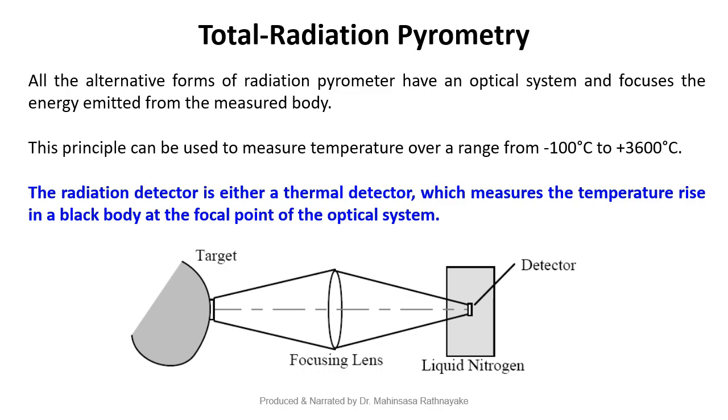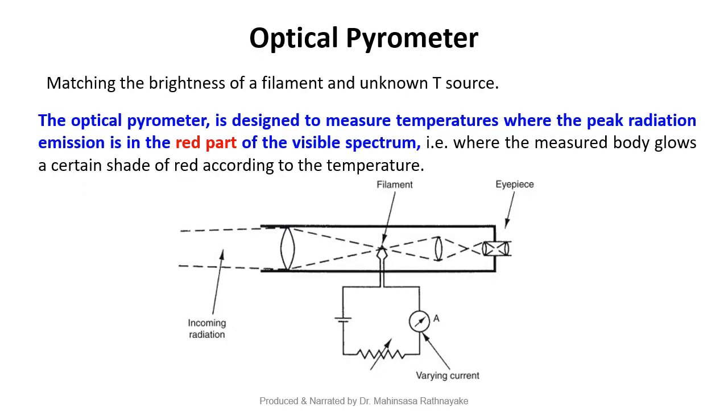The radiation signal is focused on the detector and measured. An optical pyrometer is designed to measure temperatures where the peak radiation emission is in the red part of the visible spectrum.